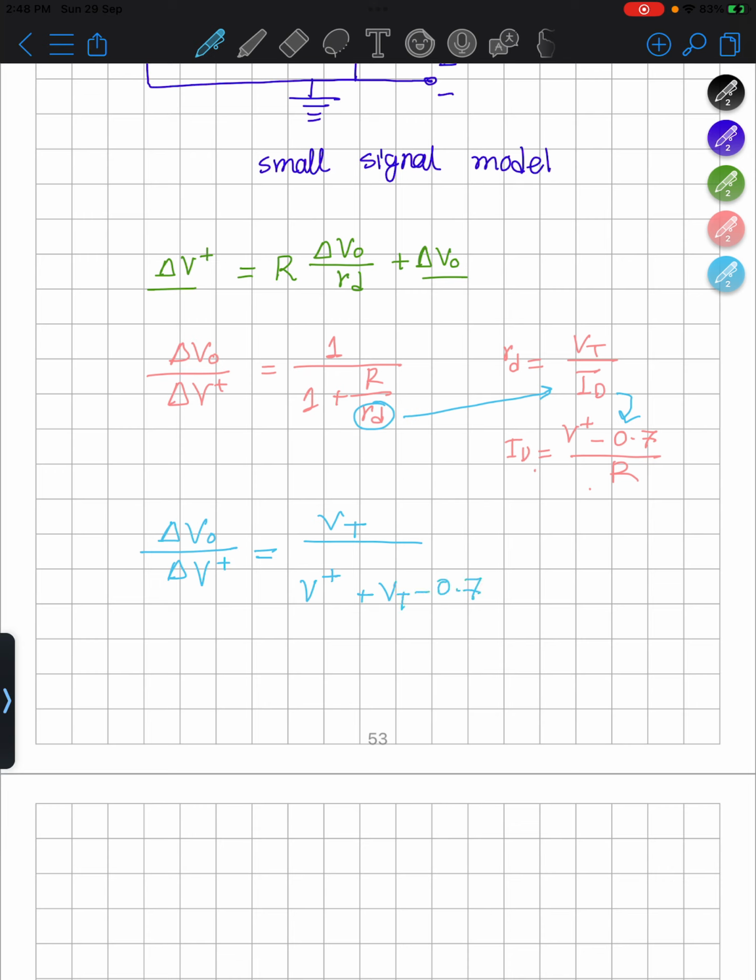So this shows us the output voltage change relative to a change in the input voltage, depending on the thermal voltage V thermal, the input voltage V plus and the diode threshold voltage of 0.7 volt. So this is our final formula.